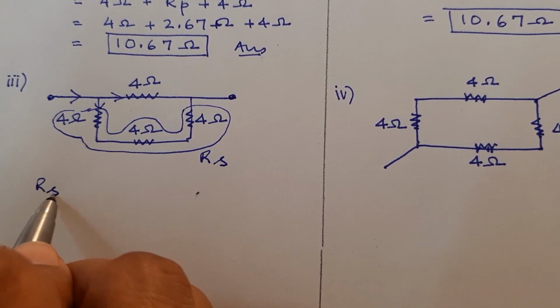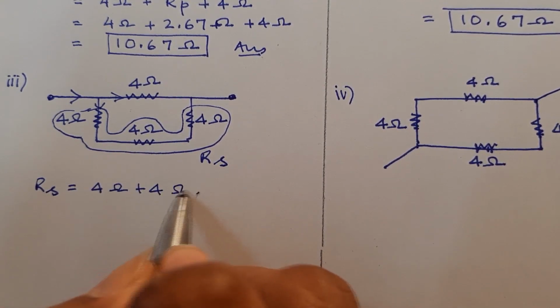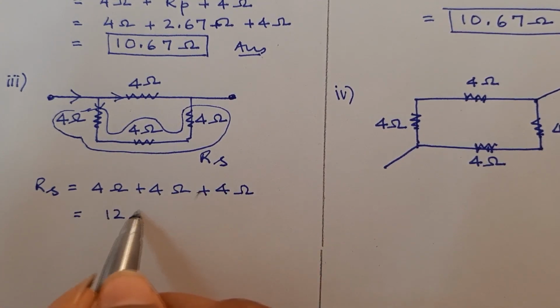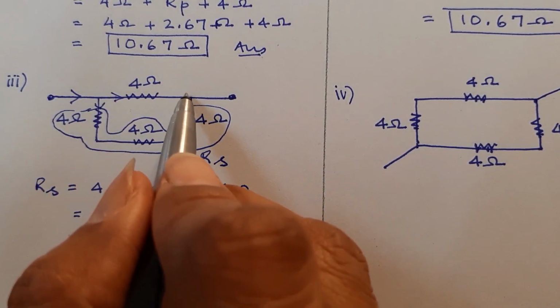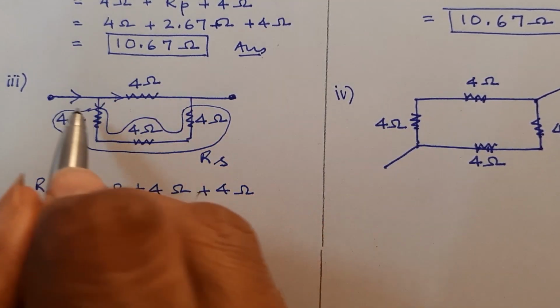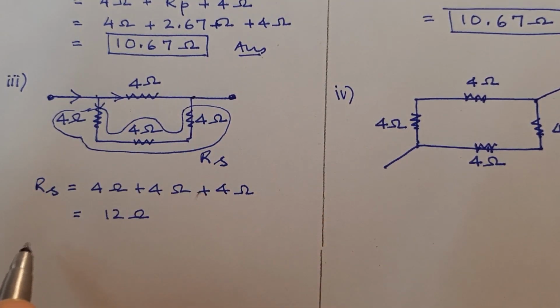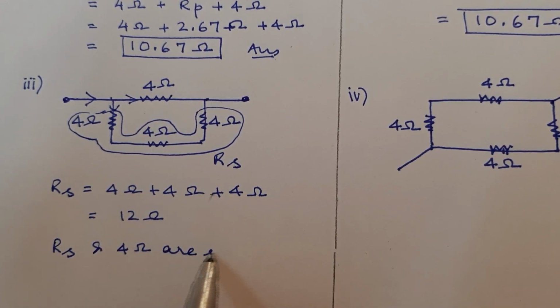So my RS is going to be equal to 4 ohm plus 4 ohm plus 4 ohm, which will be 12 ohm. And then this 12 and this 4, these two are in parallel between this end and this end. And so I will say RS and 4 ohm are in parallel.